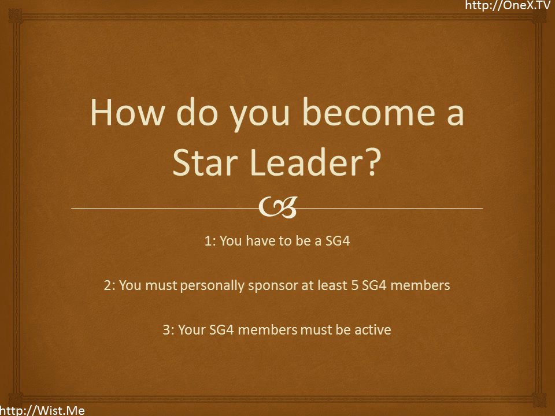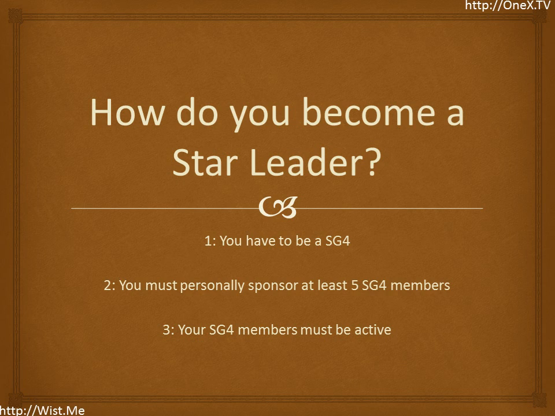Now, again, in 1X we said do not stop at 5. Sponsor more. Sponsor as many people personally as you can. Now, in QLxChange, in a few seconds, you will see why that is. You already see that your 5 personally sponsored members, if they become Stargate 4, then you become star leader.